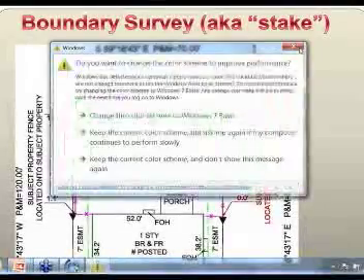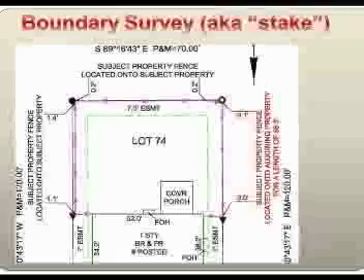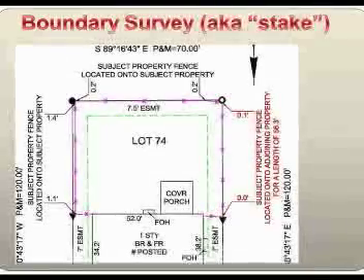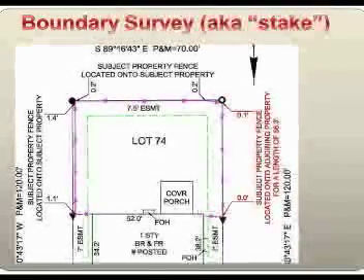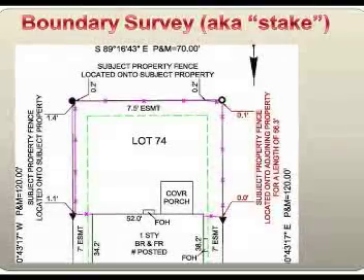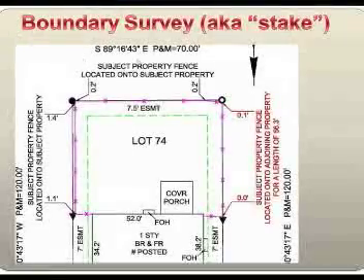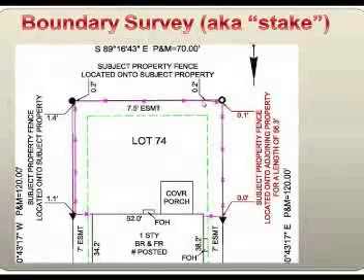That's the equivalent of 1 inch and 1/5 of an inch. So it's minuscule in the big picture of things. But keep in mind, when we're doing our measuring, we are measuring to 0.02 feet of accuracy. And 1/10 of a foot is a big amount when you're comparing that to hundredths of a foot. So along the back property line, we've got subject property fence located on the subject property by 2/10 of a foot.